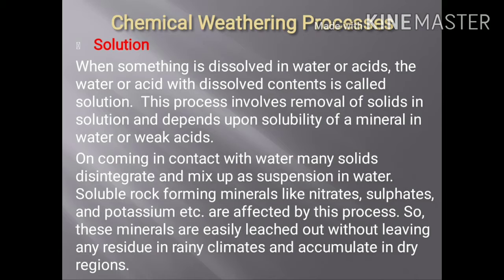On coming in contact with water, many solids disintegrate and mix up as suspension in water. Soluble rock forming minerals like nitrates, sulphates, potassium are affected by this process. So these minerals are easily leached out without leaving any residue in rainy climates and accumulate in dry regions.